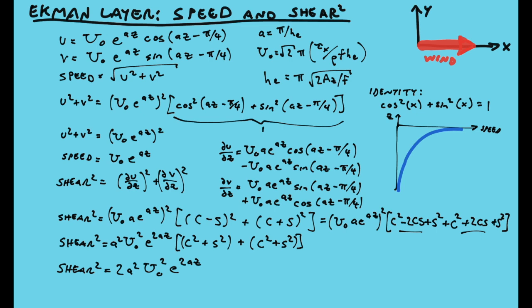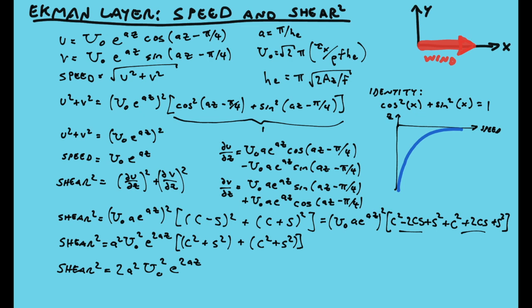And so what we're left with inside the square brackets at this point is C squared plus S squared plus C squared plus S squared. But we know from our trigonometric identity that cosine squared plus sine squared equals 1. So actually what we have inside the square brackets is just 1 plus 1, which is 2.